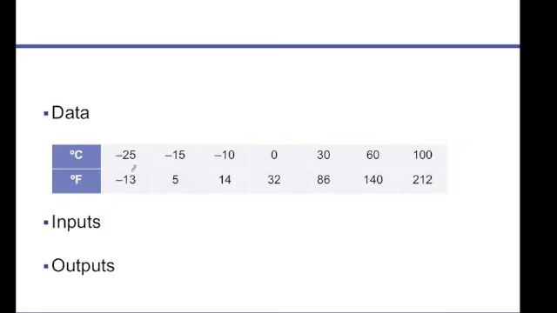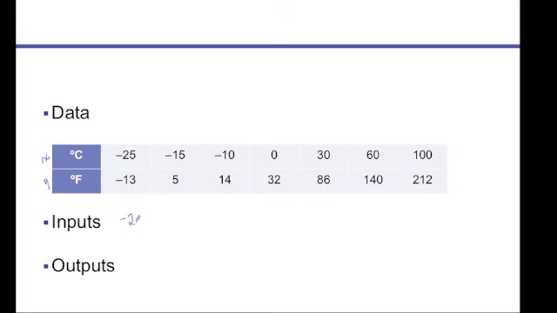We'll start here with a set of data. And you can see these are degrees Celsius and degrees Fahrenheit and the equivalents. The inputs, these are sometimes referred to as the x and y values if we're using ordered pairs. The inputs will be, in this case, the Celsius values.